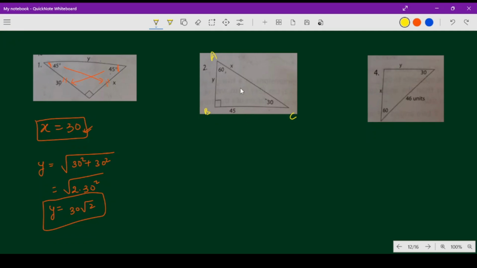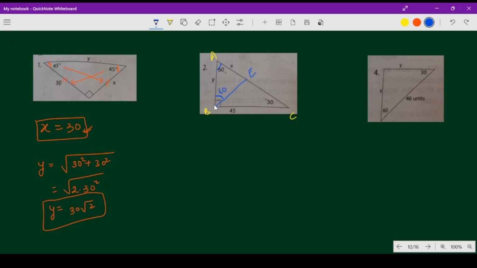In order to solve this kind of question, we just have to divide the triangle into an isosceles triangle. It means we need to divide this 90 degree angle in such a way that it is equal to either of these angles. Let's say I'm taking point E such that this angle is equal to this angle, 60 degrees.